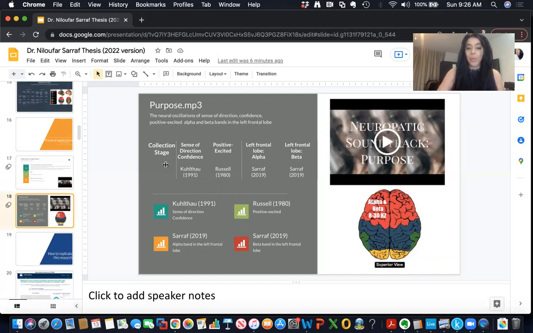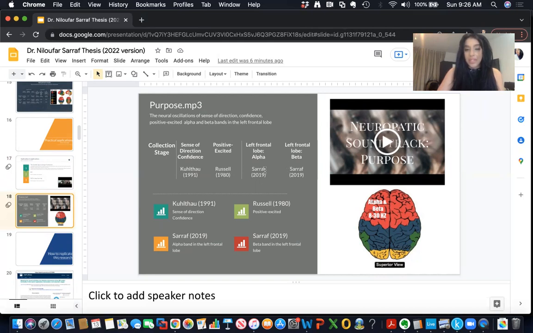So for example, in the collection stage, Dr. Kuhlthau's model established that this is where the users are in a sense of direction. They have a confidence, hope, if you will. So it's a positive sort of state of being. Russell's model can be connected to this state of being as positive and excited. Again, a positive state of being.